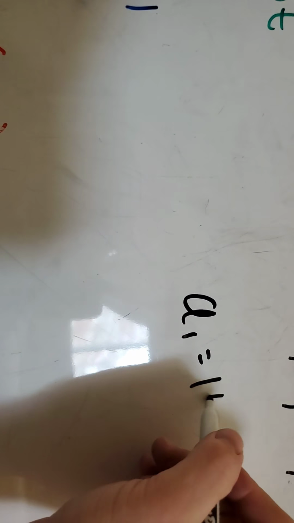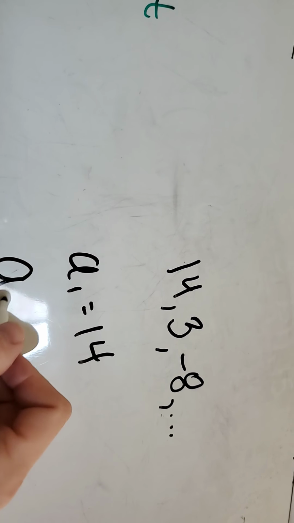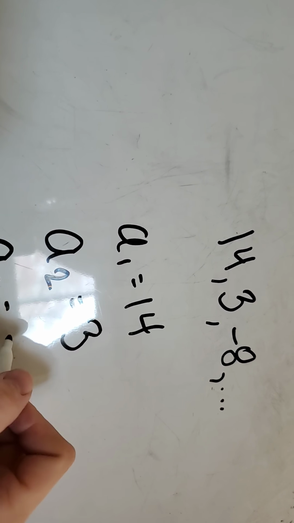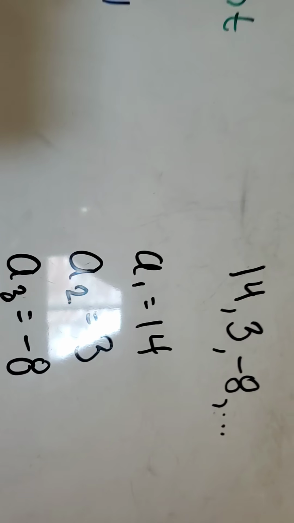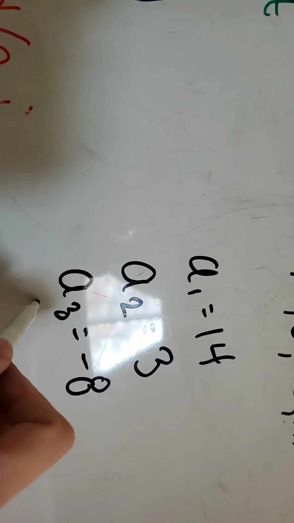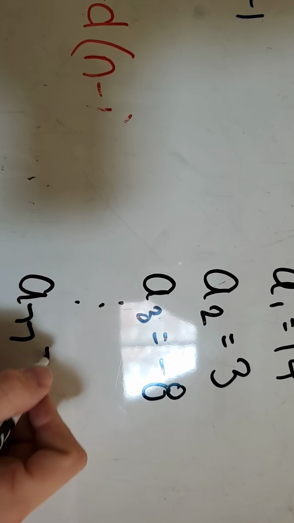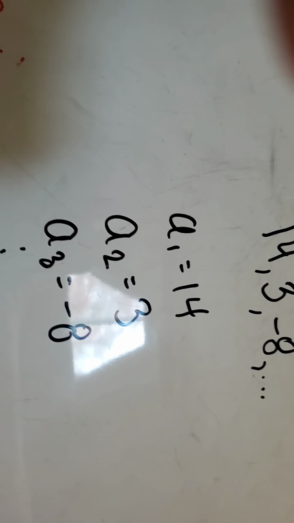So A1 is 14. A2 is 3. A3 is negative 8. We're going to go on and on until we find A77, the 77th term.